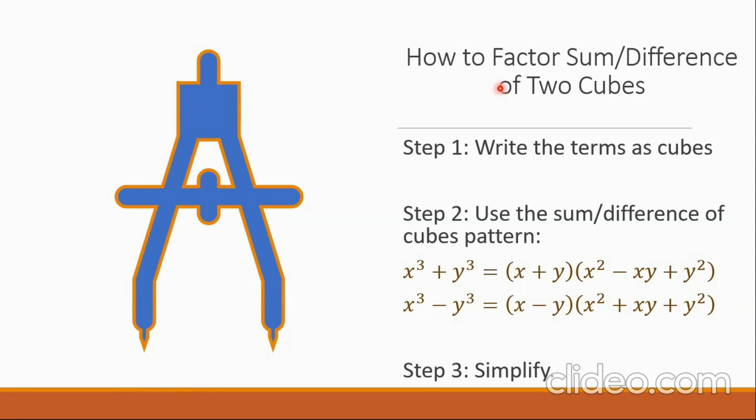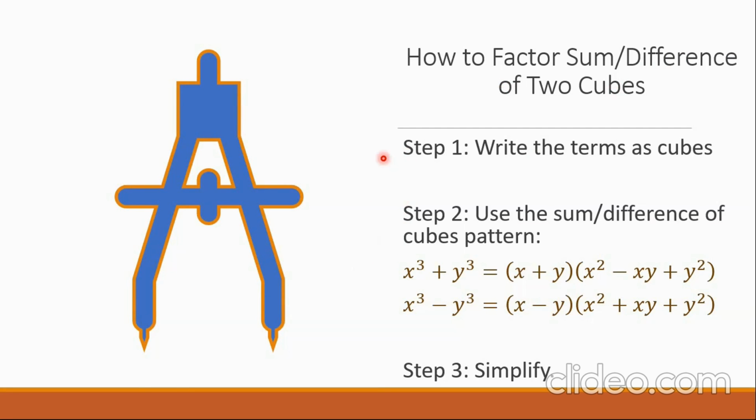How to factor sum or difference of two cubes? We are going to have these three steps. Step 1, write the terms as cubes. Step 2, use the sum or difference of cubes pattern. And the patterns are here. And step 3, simplify.